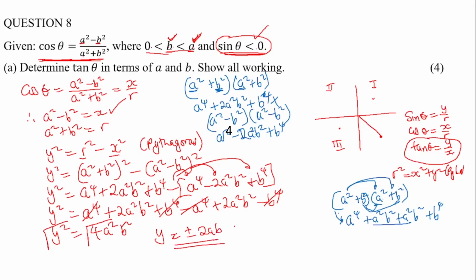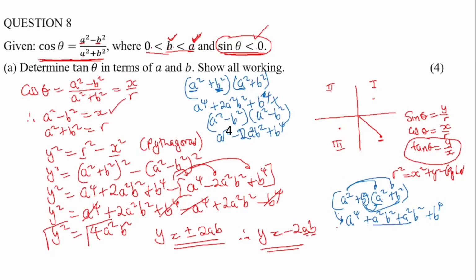Remember what we said: a and b are positive because b is greater than 0 and a is greater than b. So our answer here should be negative, because y must be negative in the fourth quadrant. Since a and b are positive, definitely it has to be negative 2ab.